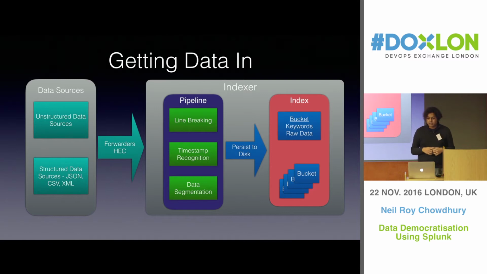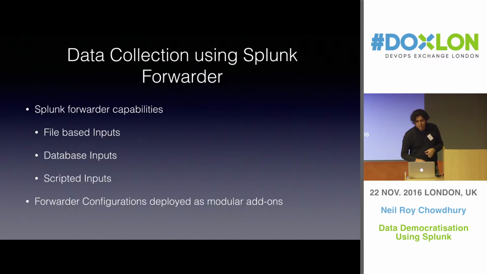Following that, Splunk does data segmentation, which means it breaks your data up using punctuation heuristics into keywords, and it squirrels it away in what they call buckets. Those buckets live inside an index, which is like a data container where you can delegate access if you want to.